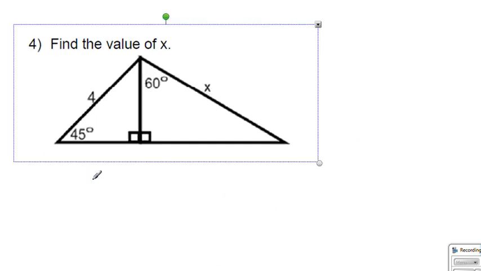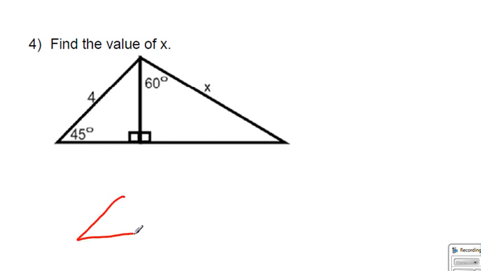Number 4. Once again, this is a combination of 2 triangles, a 30, 60, 90 triangle and a 45, 45, 90 triangle. Here you see, once again, the relationship for the 45, 45, 90 triangle would have been 1, 1, radical 2. But in place of radical 2, we have 4.